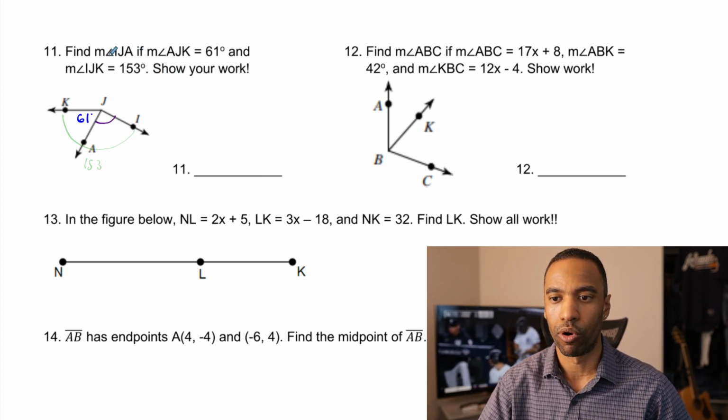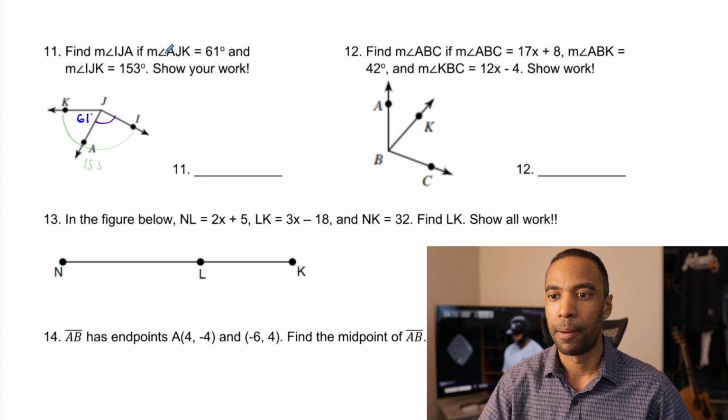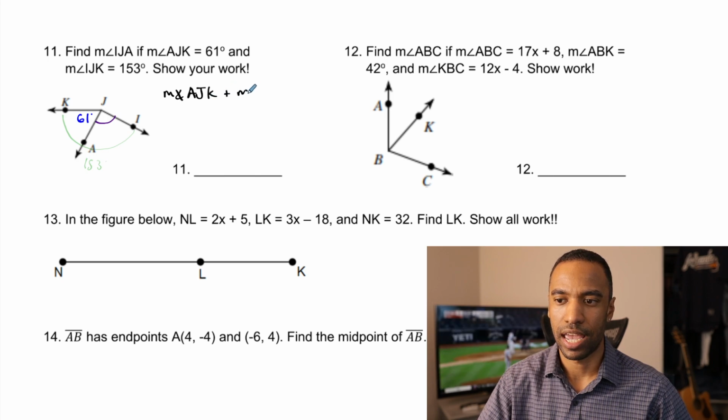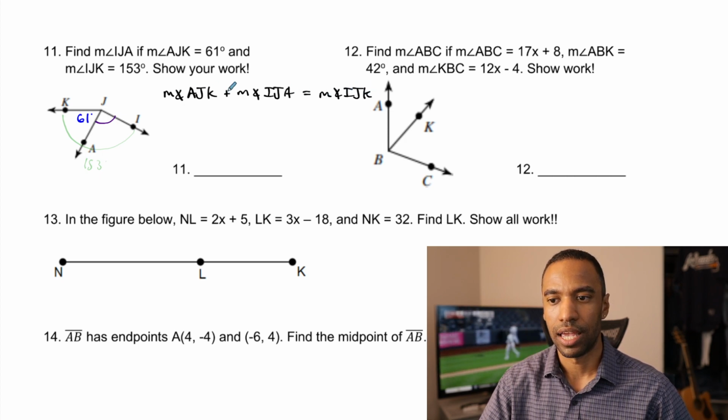I want to give you the full bore version to start off with. The measure of angle AJK is that little guy, and then the measure of angle IJA is that little guy right there, and those added together equal the whole thing, the measure of angle IJK. That is the angle addition postulate in full form.